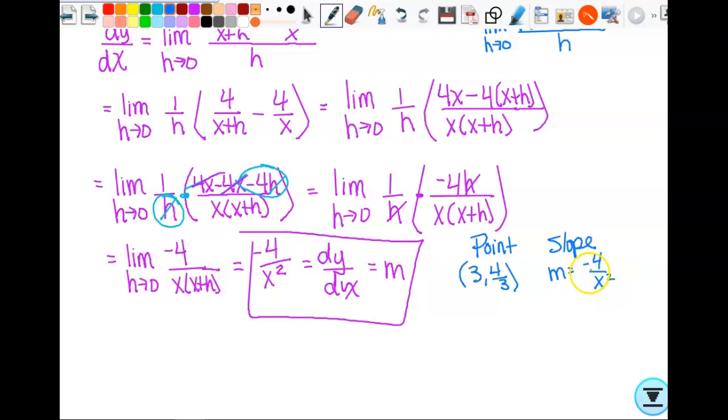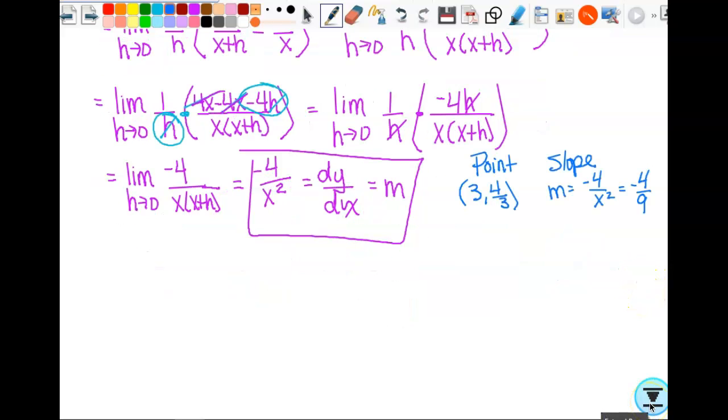Where do I get the x to substitute this in? From my point, right? It's right there. Just use that x. So that means that this is going to give me negative 4/9. Then once I have that, I can write my equation. y minus 4/3 equals negative 4/9 times x minus 3.